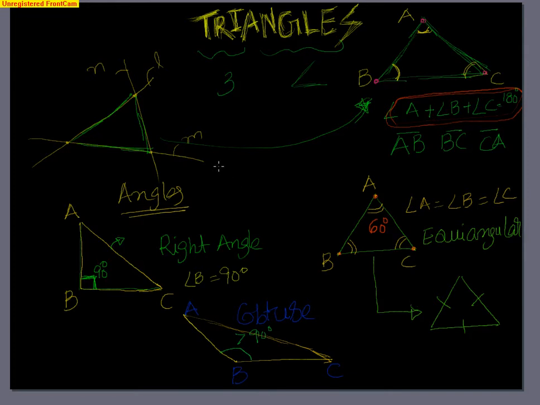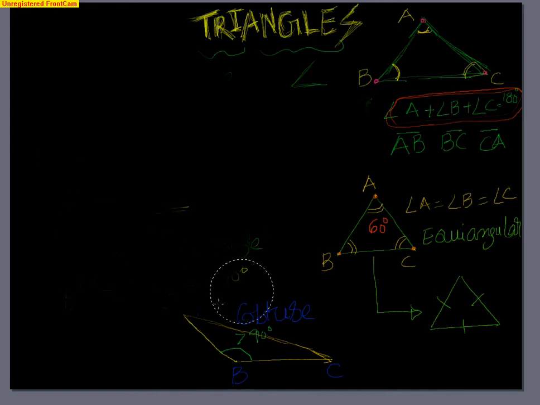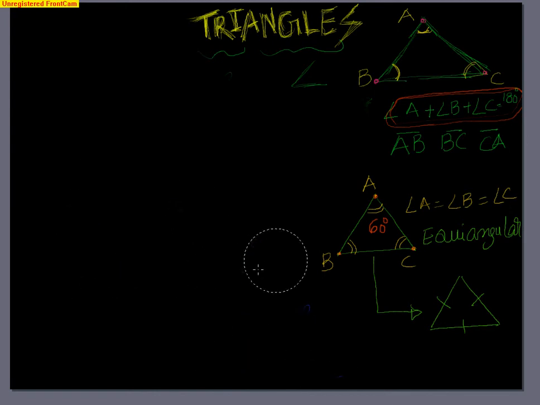Now let's move ahead and see what are the properties of triangles, right? One property we have seen, that sum of angles of a triangle is 180 degrees.